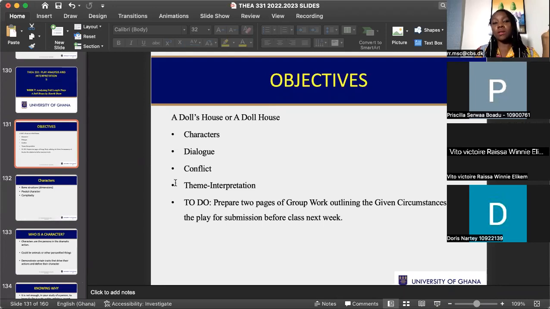So I'll just begin with a discussion about what characters are and the various dimensions of a character before we dive into the full story, because last week I gave you the synopsis of the play. And so today I'll give you the full story so that we have a bigger picture of what the story is about. All right, so let's get started.